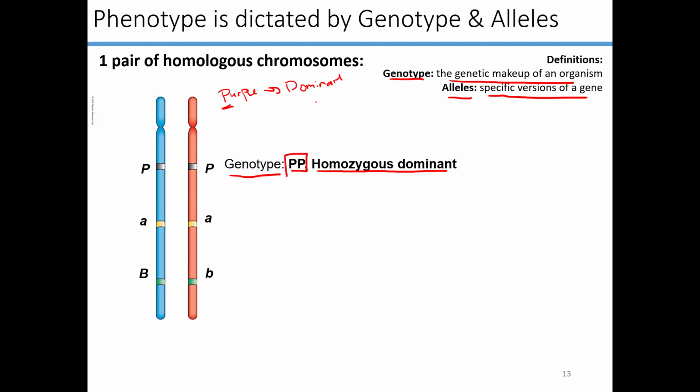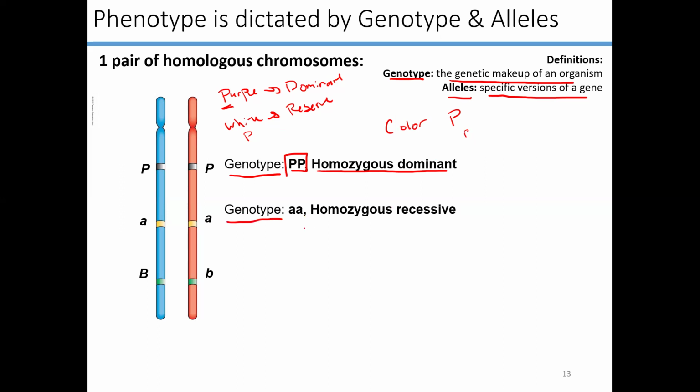So in this case, the color would be purple, and that's why we have a big P. Now, let's say the other one is white, and that's going to be recessive. Instead of using a W, we're going to use a little p to represent recessive. So for our color, the dominant gene is going to be big P, and our recessive is going to be our little p.